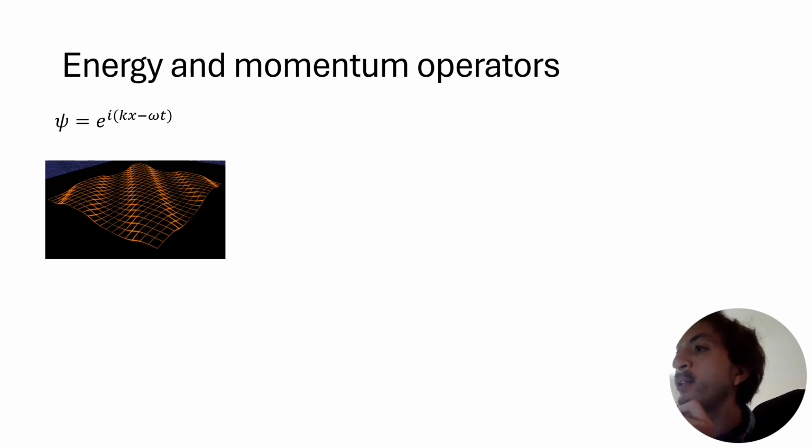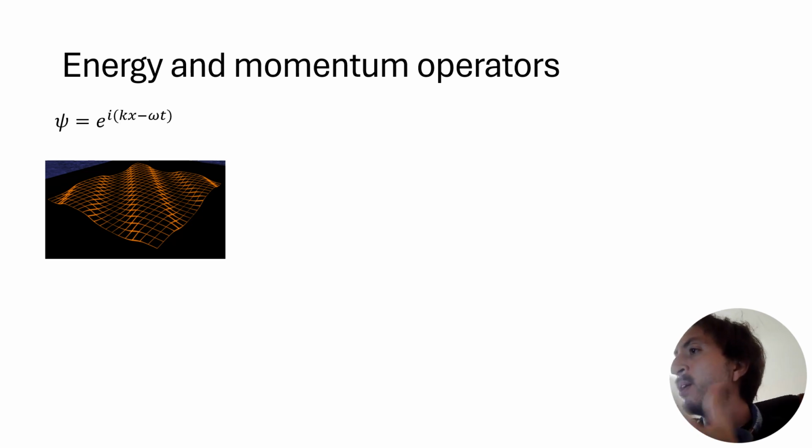So to start with, if we're going to describe a field, be that a plane wave associated with the wave function for a free particle, or even a field like the electromagnetic field, which we will see as a solution to the Klein Gordon equation.